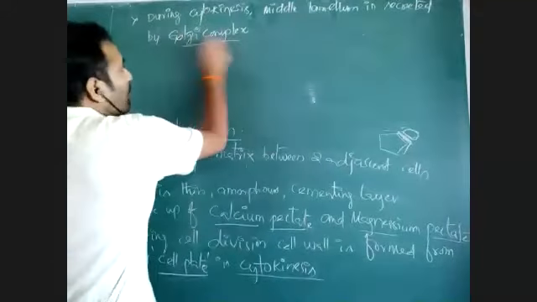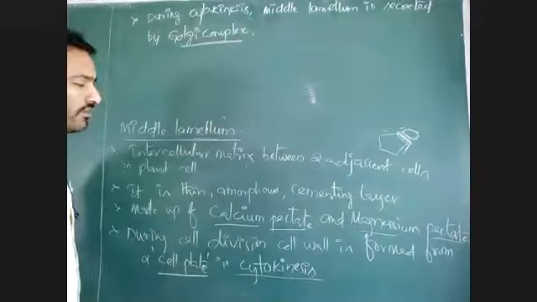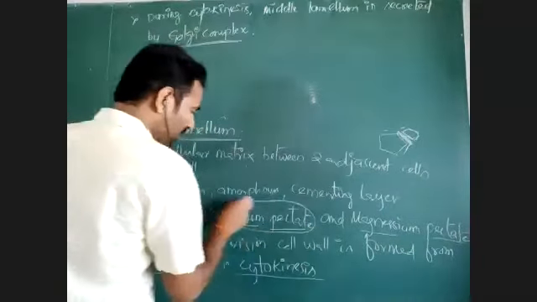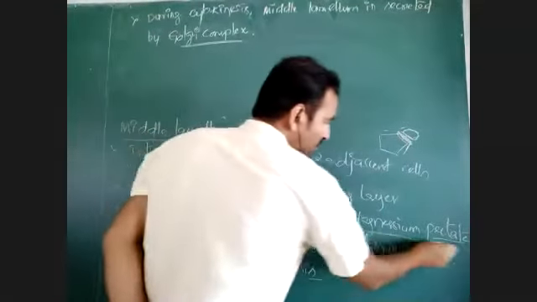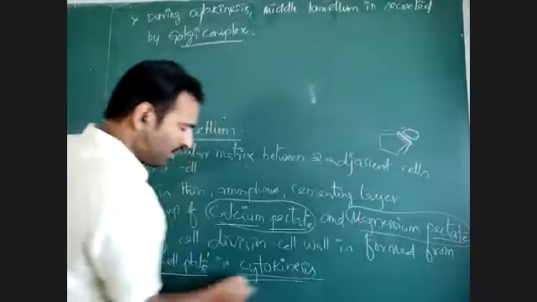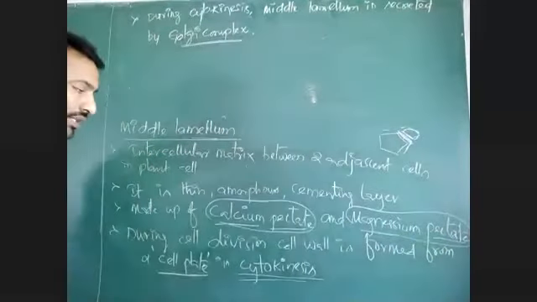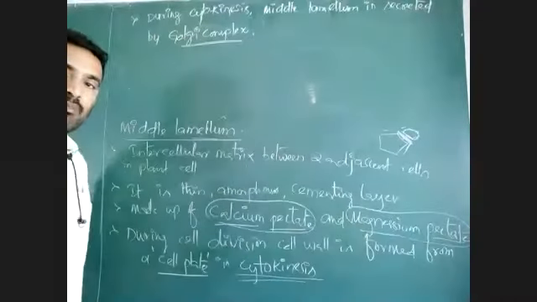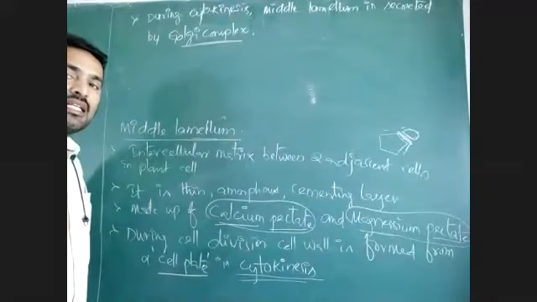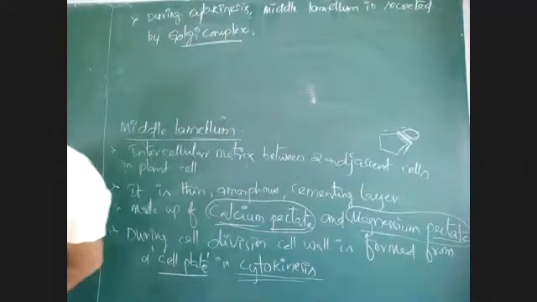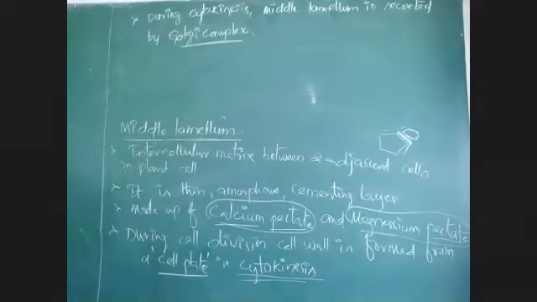From the Golgi complex, calcium pectate and magnesium pectate are released during cell division, and they settle as a middle lamellum between two adjacent cells.